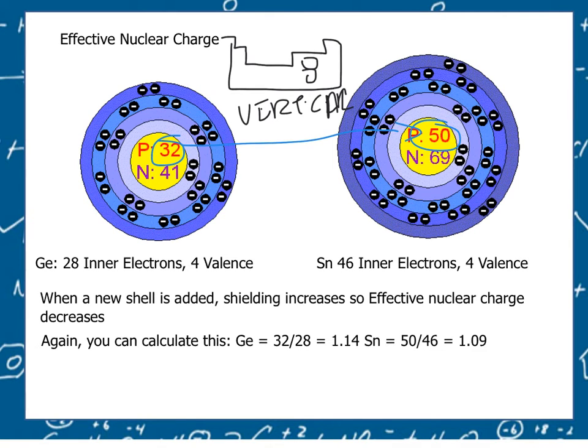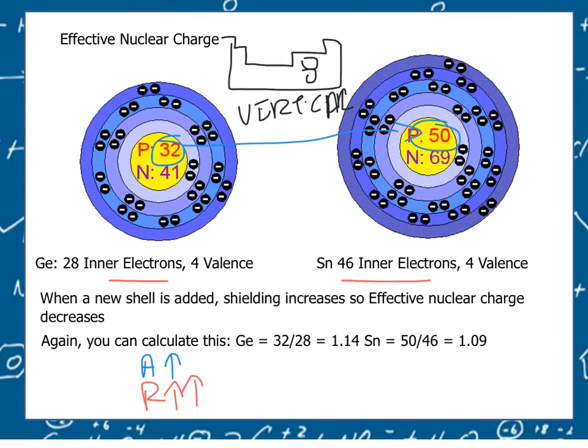However, this makes things a little bit more confusing. Our inner electrons, our repulsion, has increased also. So attraction has gone up, repulsion has gone up. But the repulsion has gone up relatively more. 28 to 46 is a larger change than 32 to 50.